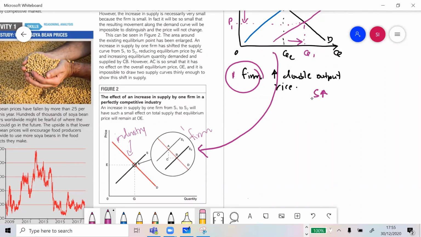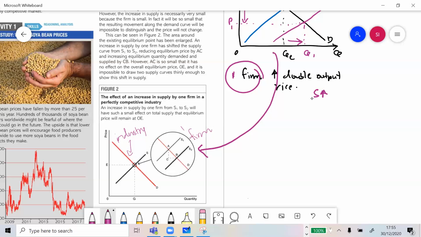This can be seen in figure 2. The area around the existing equilibrium point has been enlarged. Enlarged point is where I drew and explained right now. An increase in supply by one firm has shifted the supply curve from S1 to S2, reducing equilibrium price by AC, and increasing equilibrium quantity demanded and supplied by CB.